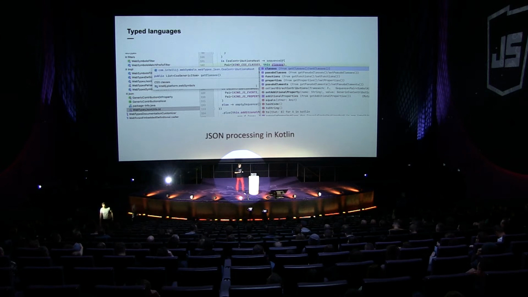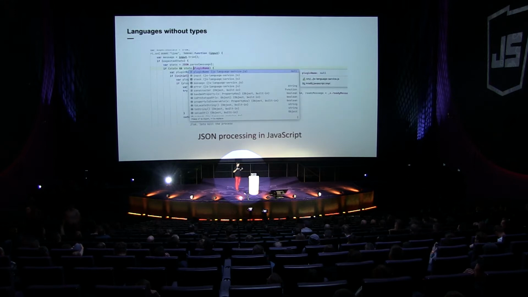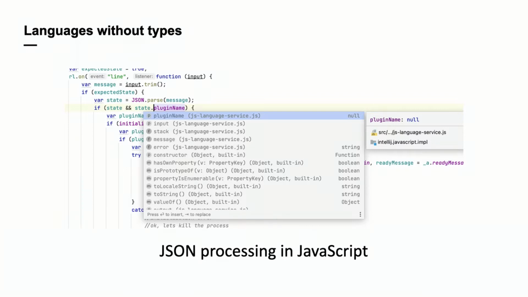But if we do the same thing in JavaScript, it's not that good. We read some message, and we're in the dark: what is there in this JSON? This is just an example of JSON processing.